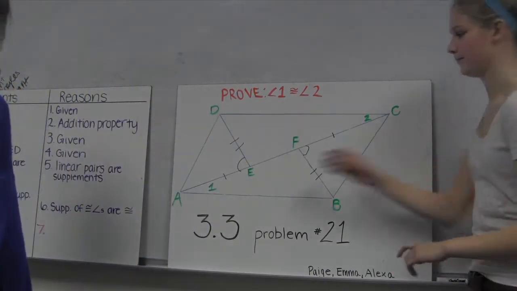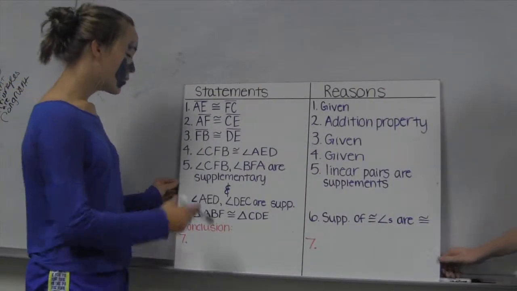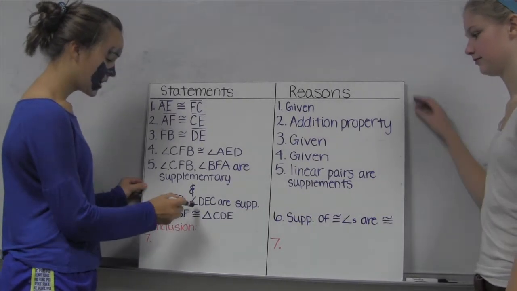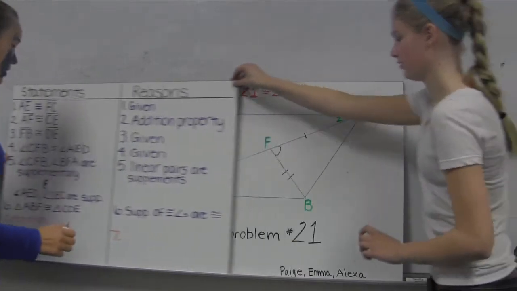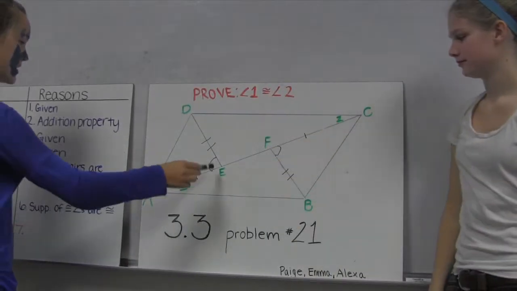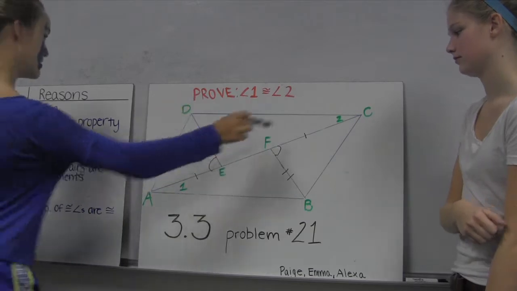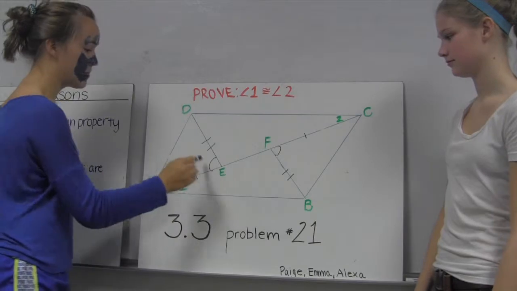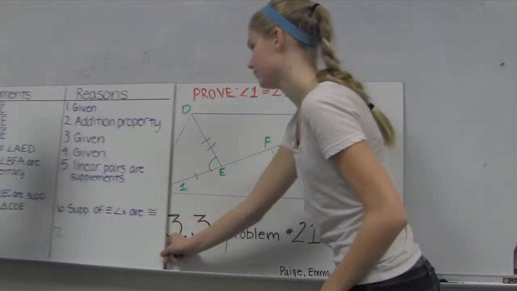And then, because of linear pairs being supplements, we also know that angle AED and angle DEC are supplements as well, which are right here. They are on a straight angle and they both add up to 180. So that's supplementary.